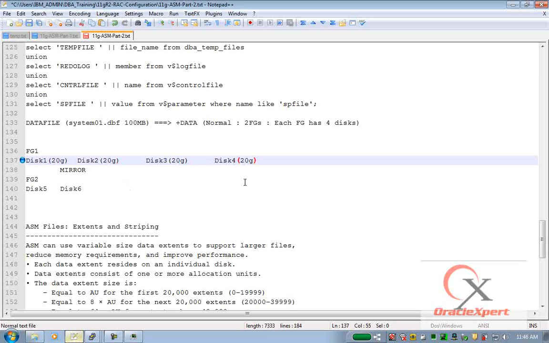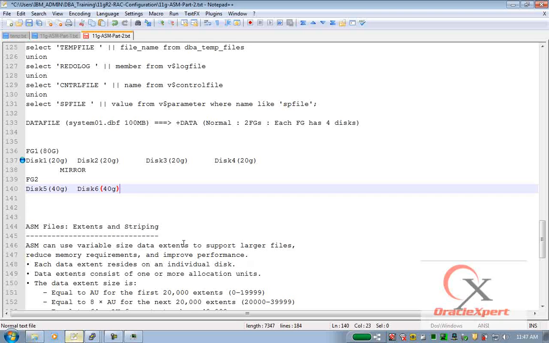So what is my failure group capacity overall? My failure group capacity is 80 GB. But while creating another failure group, it is quite possible that the corresponding disk sizes may not match, but the corresponding failure group size is still the same.